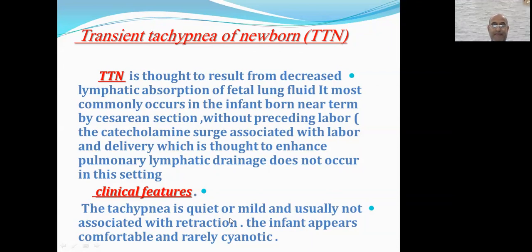So after a while, lymphatic drainage can help in reduction of this problem and improvement later on. So here the pathology is presence of lung fluid, and the surfactant production, of course, is within optimum level if we compare with type 1.